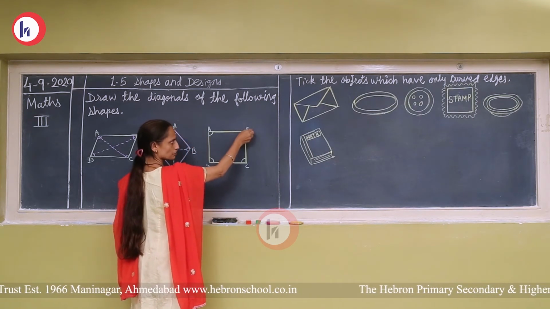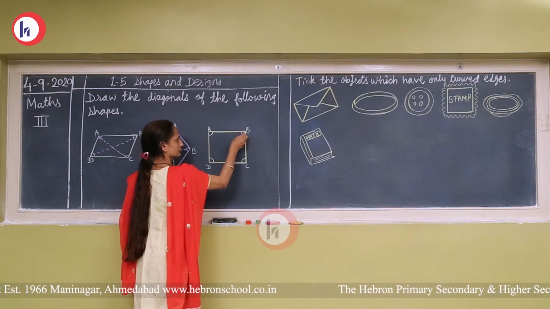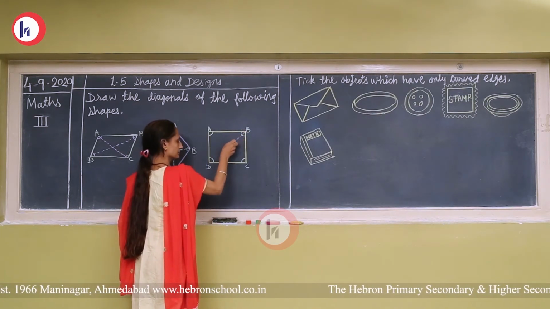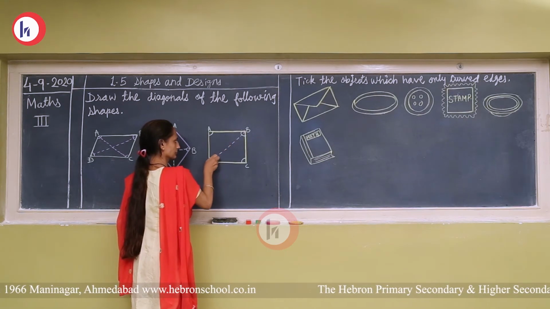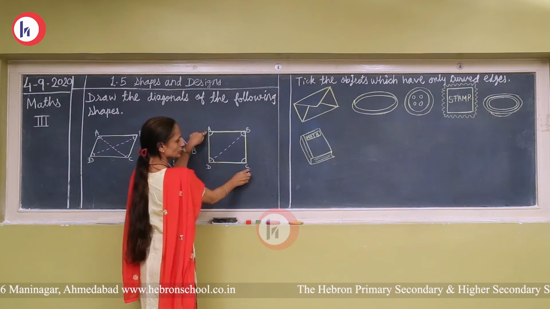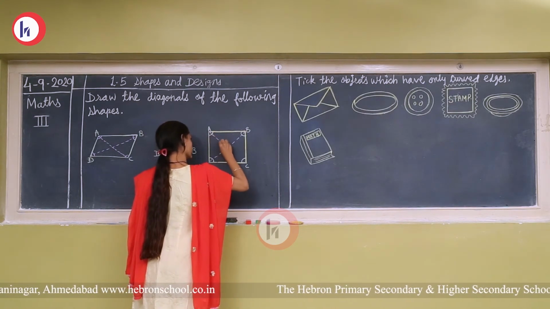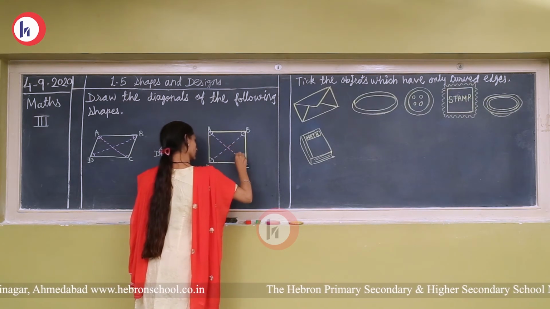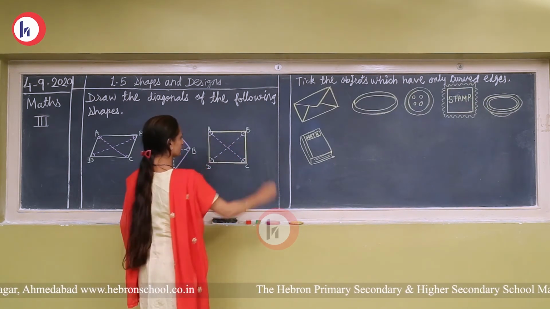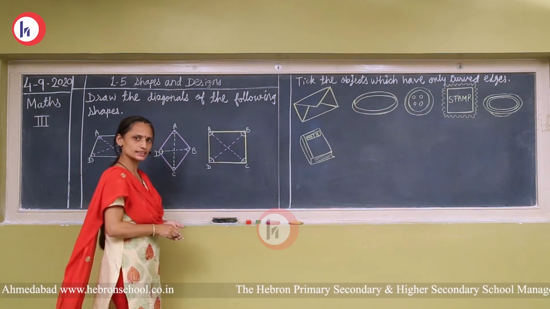Opposite corner. For B, the opposite corner is D. Corner D. And for corner A, the opposite corner is corner C. Means AC and BD are diagonals of square ABCD.